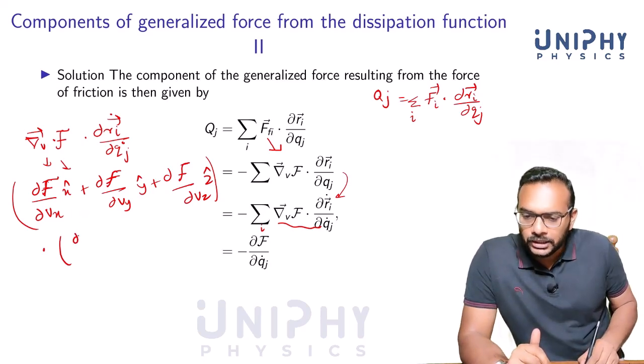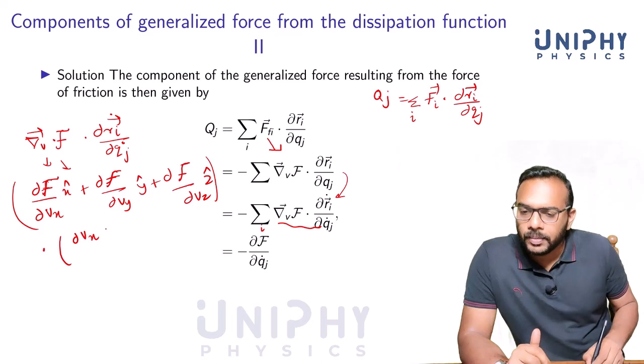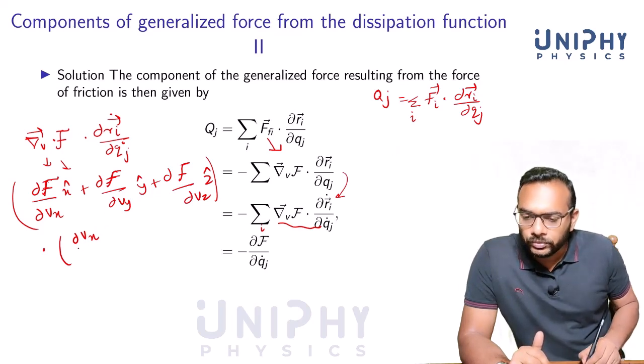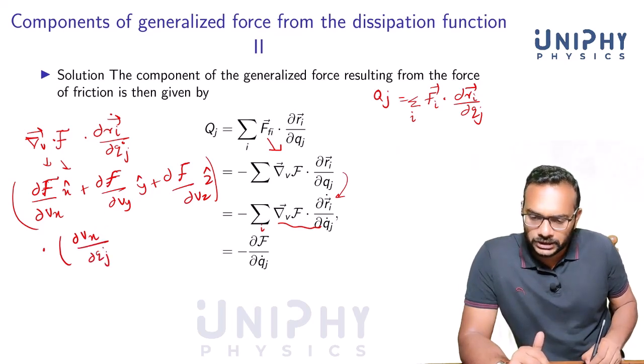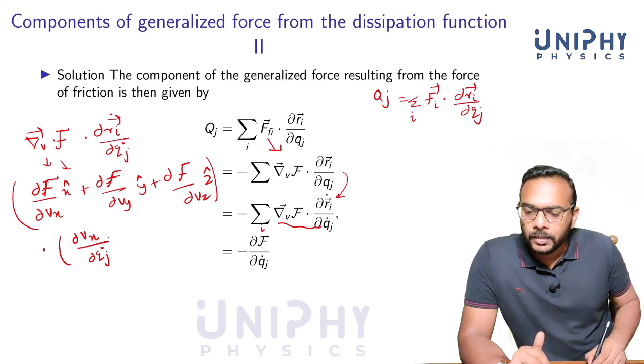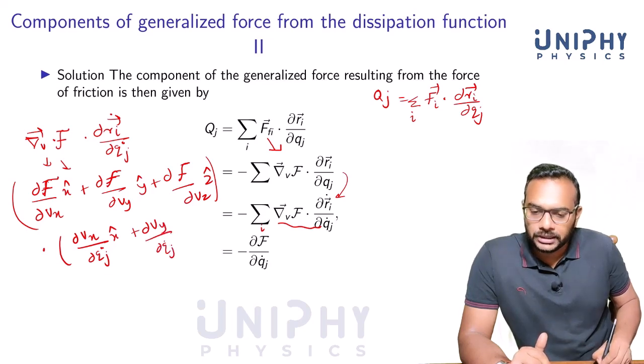It's ∂vx/∂qj-dot with an x-cap here, plus ∂vy/∂qj-dot with y-cap, plus ∂vz/∂qj-dot and a z-cap.